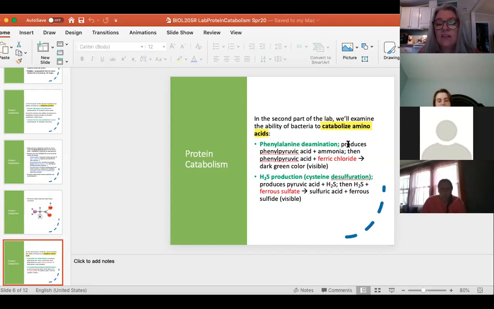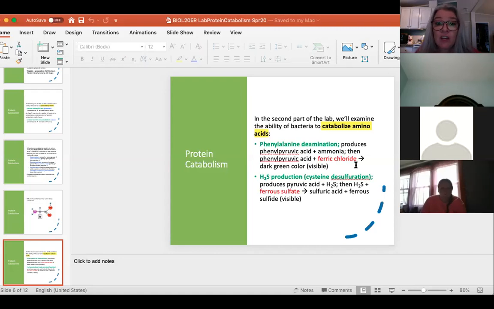And then that phenylpyruvic acid, we can't see in the tube. So in order to determine whether or not it's there, when we take the tube out of the incubator, we're going to add a reagent to the tube. We're going to add in what's called ferric chloride. It's an iron-containing chemical.